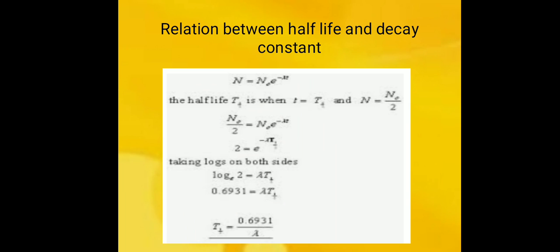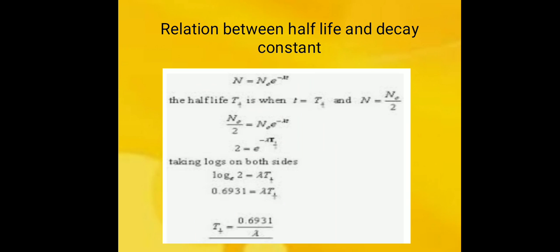So now we are going to find out a relation between half-life and decay constant. We are deriving this relation starting from Rutherford-Soddy law, that is N is equal to N0 e raised to minus lambda T.